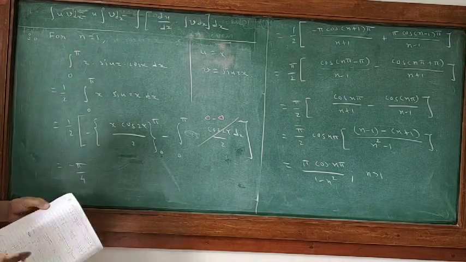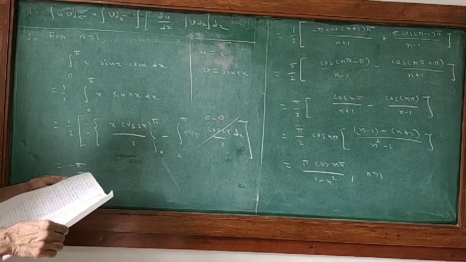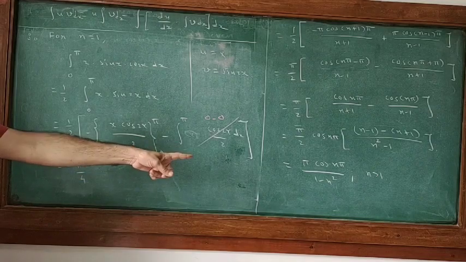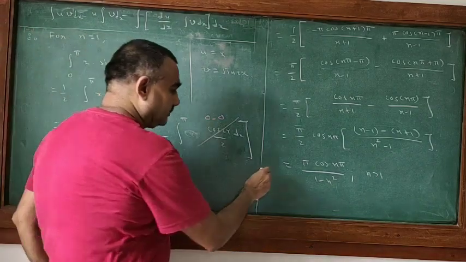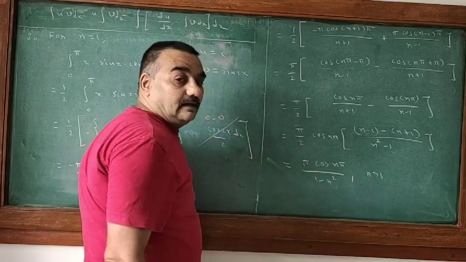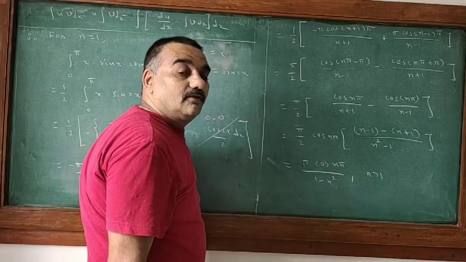For A0, we have to find it separately, and that is 2. A1 is minus pi by 4. These are the values for n greater than 1.